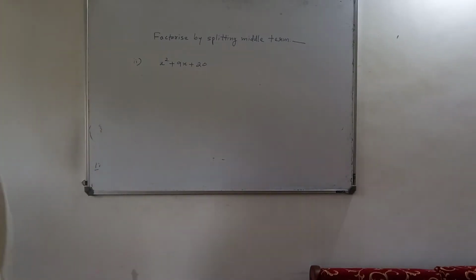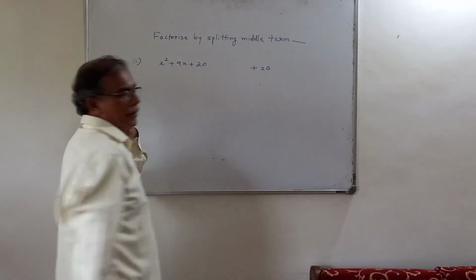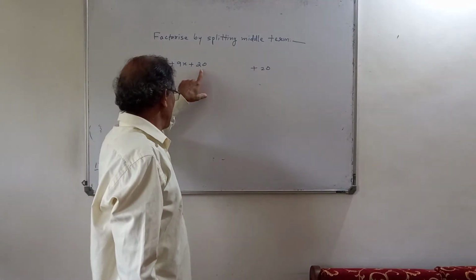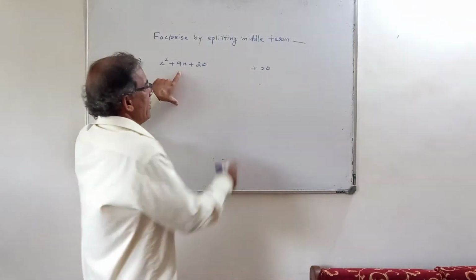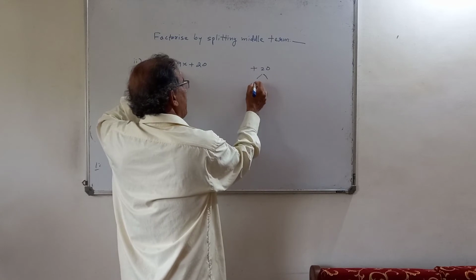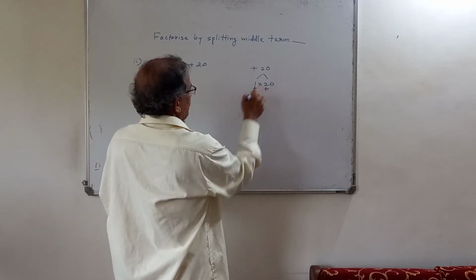Now what is the last term here? Plus 20. So we have to find a pair of two numbers such that multiplication is equal to the last term, that is plus 20, and addition should be equal to the middle term, that is plus 9. So first let us write the pairs which give us multiplication 20. 1 into 20, 20. You get them.